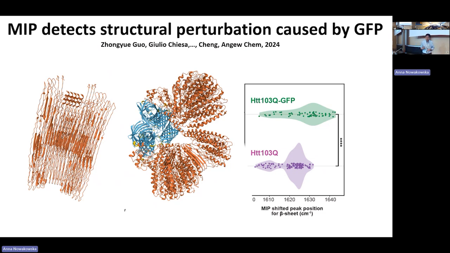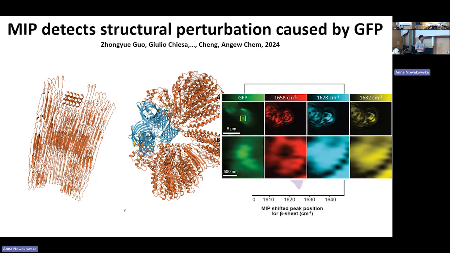This explains that the alpha helix peak is from the alpha helix of the host protein. And this is confirmed by our image data, where we see the GFP core and a corona shell, which is from the shell of the host protein, and this beta core you can see by our method at the 1630 wavenumber peak.